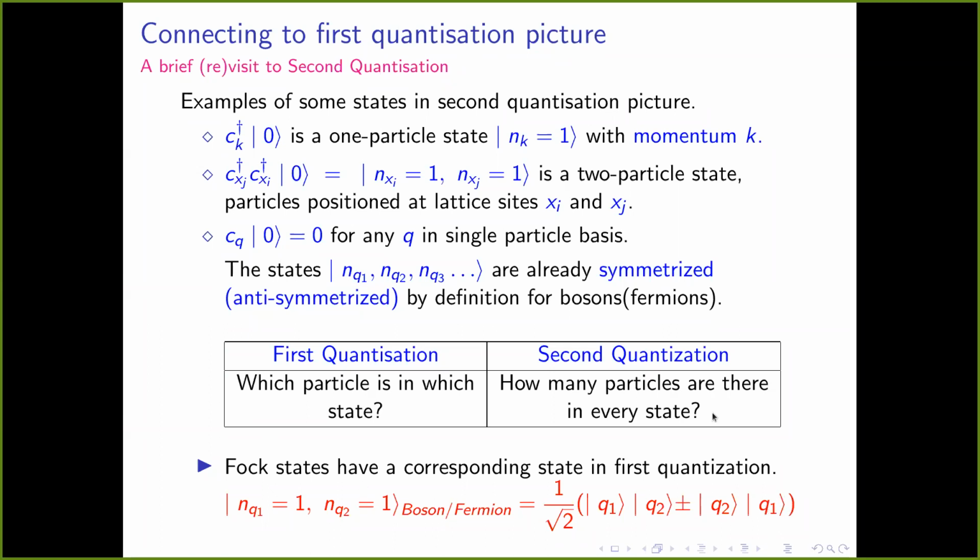If you have n_q1 equals 1, n_q2 equals 1, then for bosons you have to symmetrize the wave function: the first particle is in q1 and the second particle in q2, plus the first particle in q2 and the second particle in q1. For fermions, you have to anti-symmetrize it, and then you will have a minus sign.